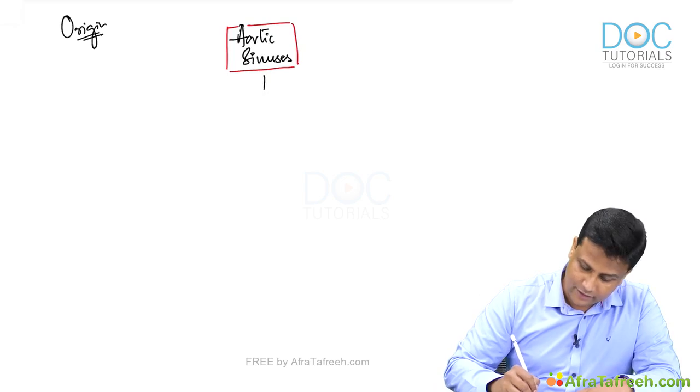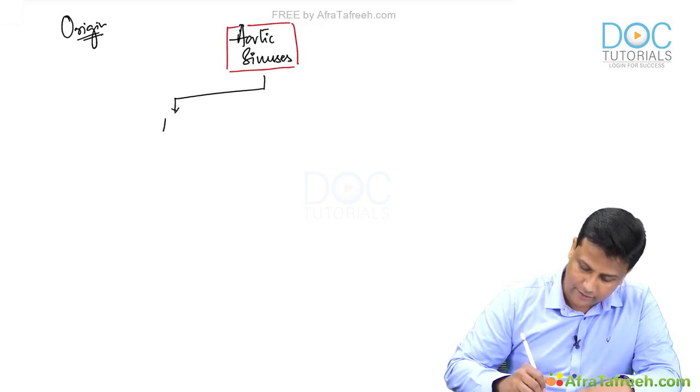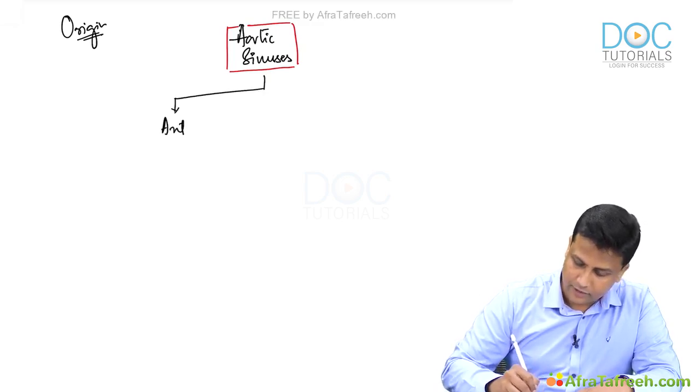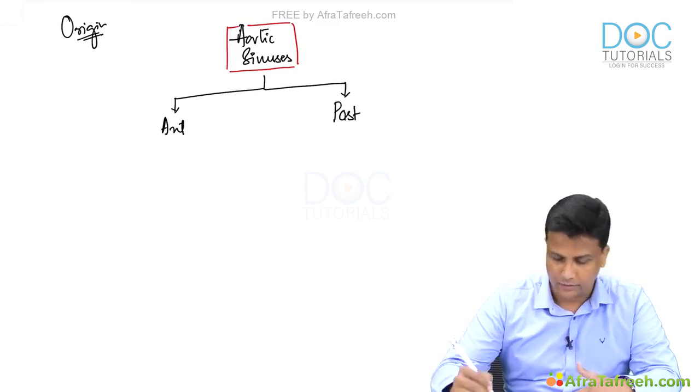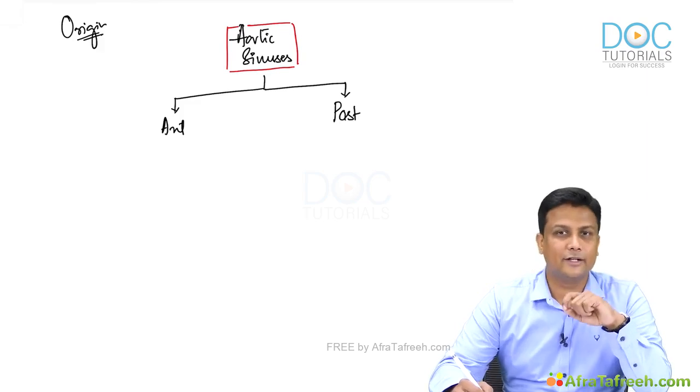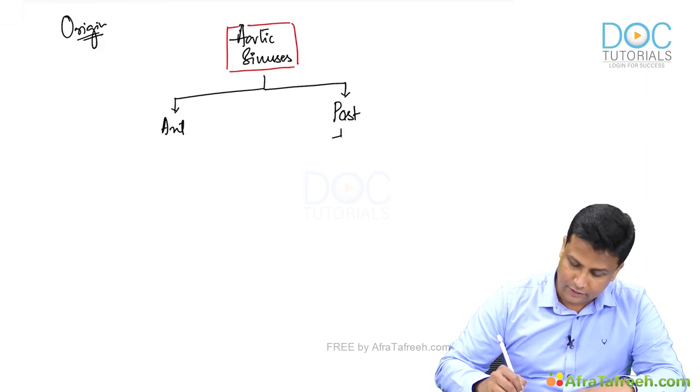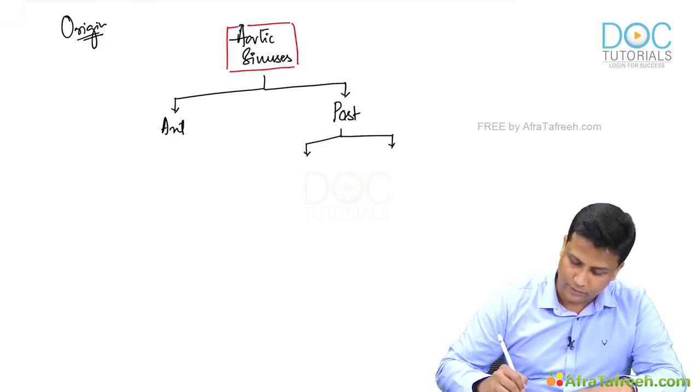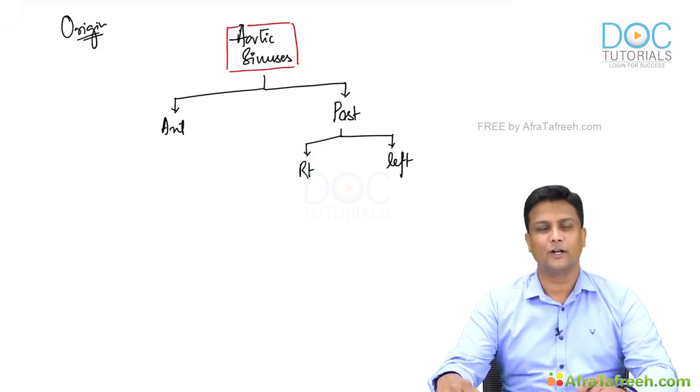Now these aortic sinuses, there will be one anterior aortic sinus, but remember there will be two posterior aortic sinuses. So there will be one anterior aortic sinus and then there will be two posterior aortic sinuses. Because there are two posterior, one will be the right posterior, another one will be the left posterior aortic sinus.